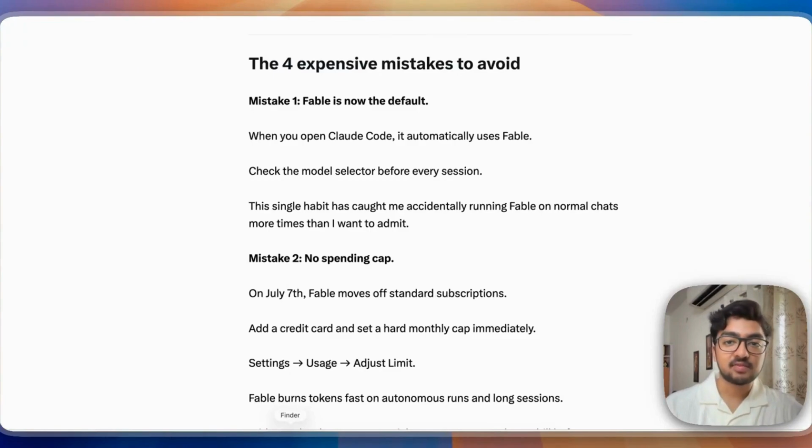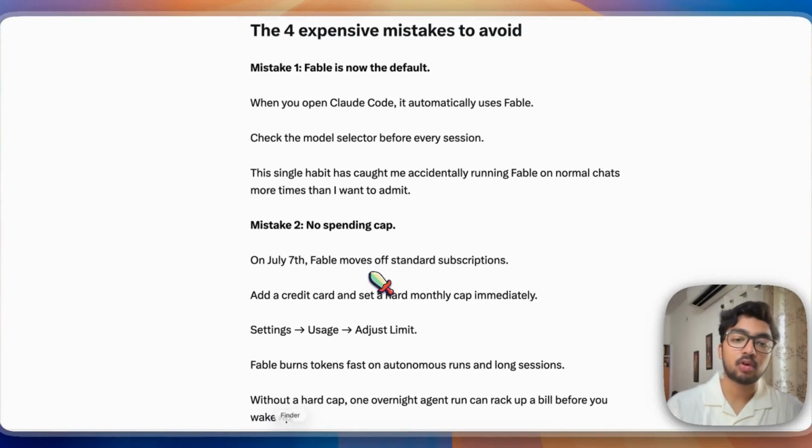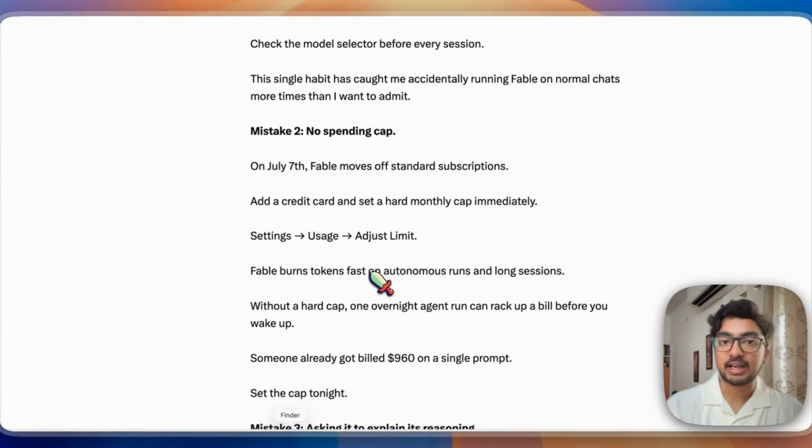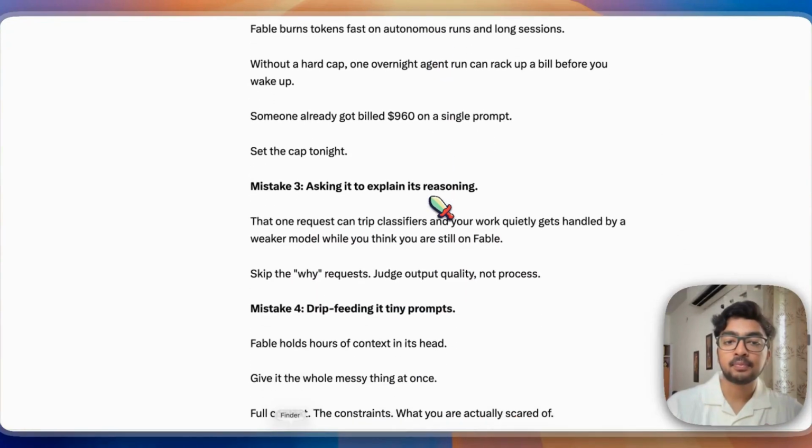So these are the 4 expensive mistakes that people make while prompting AI. Don't use Fable 5 as a default model. Always have a spending cap. One person complained that they had been billed $960 on a single prompt. You can go to settings, usage, and adjust the limit accordingly.